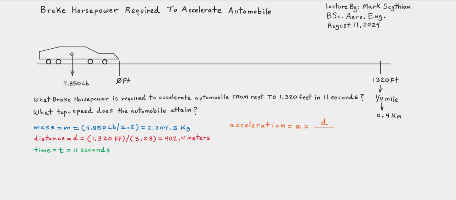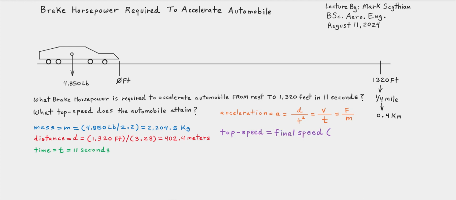So acceleration is described as distance divided into time squared, which is also equal to velocity divided by time, and the dynamic propulsive force accelerating the vehicle divided by its mass. So we can actually answer the second question first.